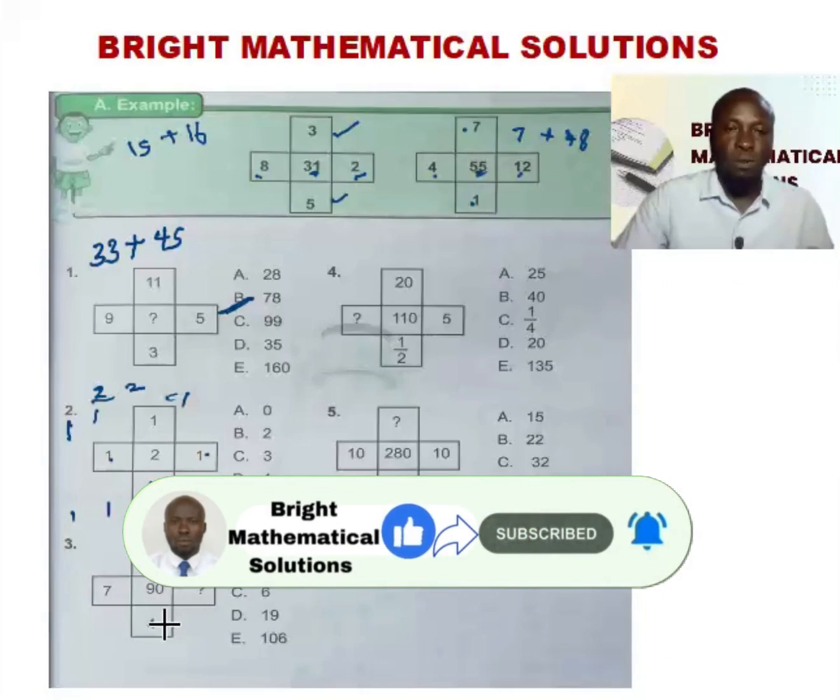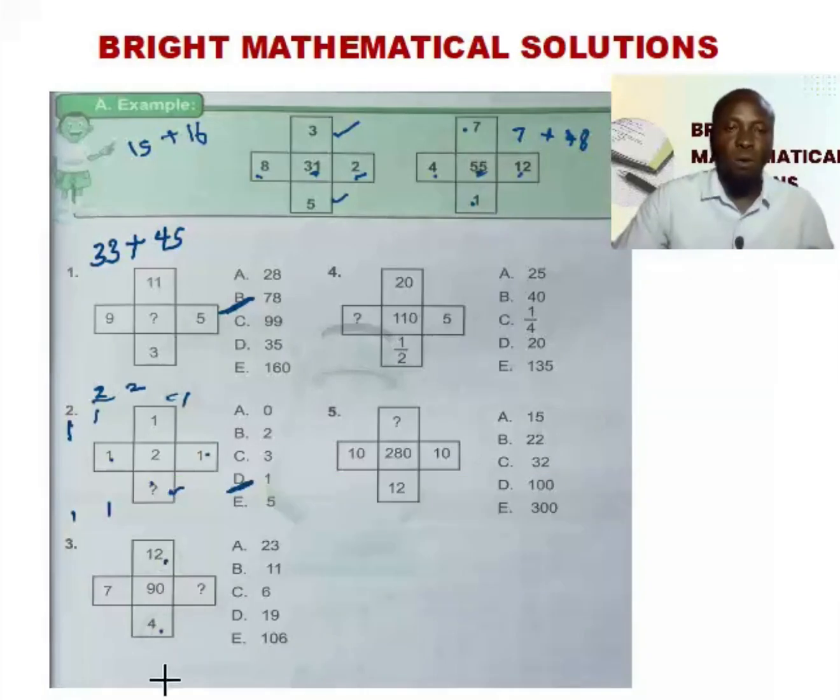12 multiplied by 4 gives us 48. Now, we are going to subtract this 48 from this 90. Remember, it is the addition that produced this, so to get the alternate, we are going to subtract.